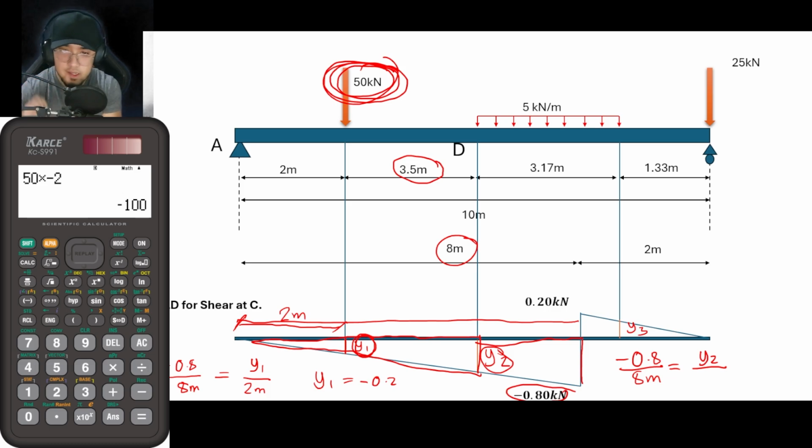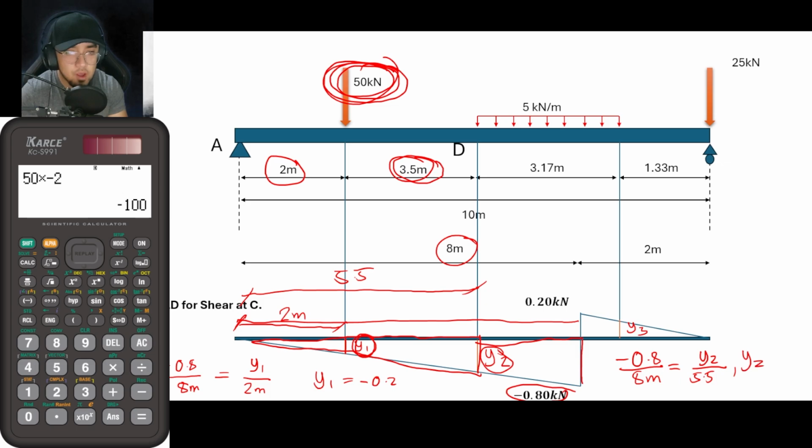It is the whole distance of the smaller triangle, and that is 2 meters plus 3.5, and that is 5.5. So solving for the value of y2, looking once again at the calculator, that is negative 0.8 divided by 8 times 5.5. The answer there is negative 0.55.